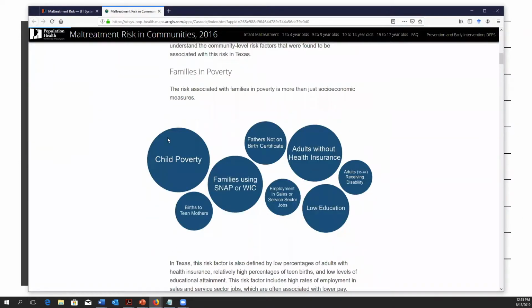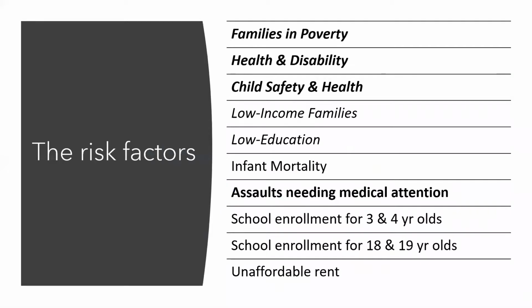Our families in poverty, as well as all of our other factors, are also explained on this website. So there's another resource that you can go to that will help bring back your memory a little bit when you're going back and digging down deep into these factors.